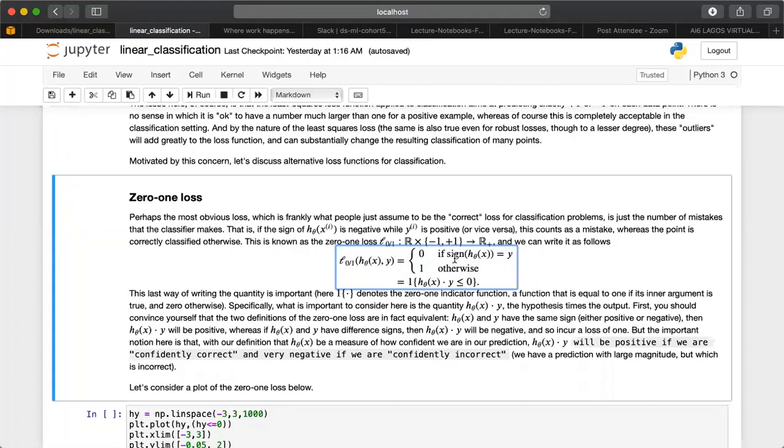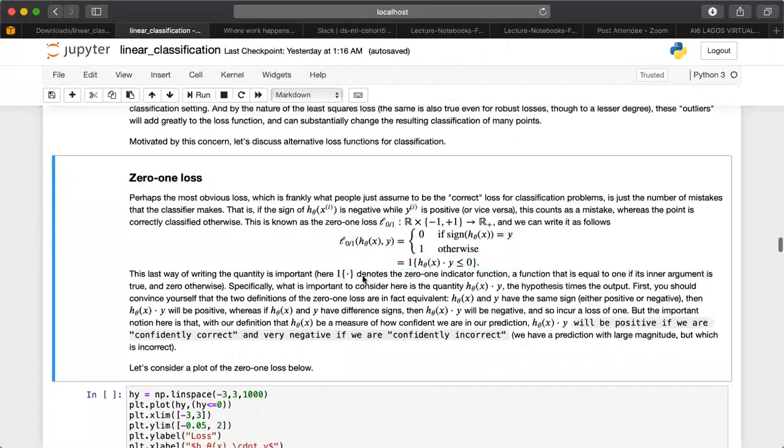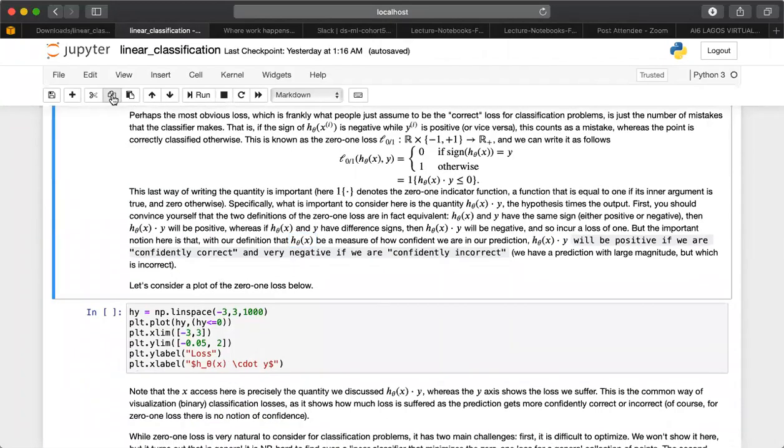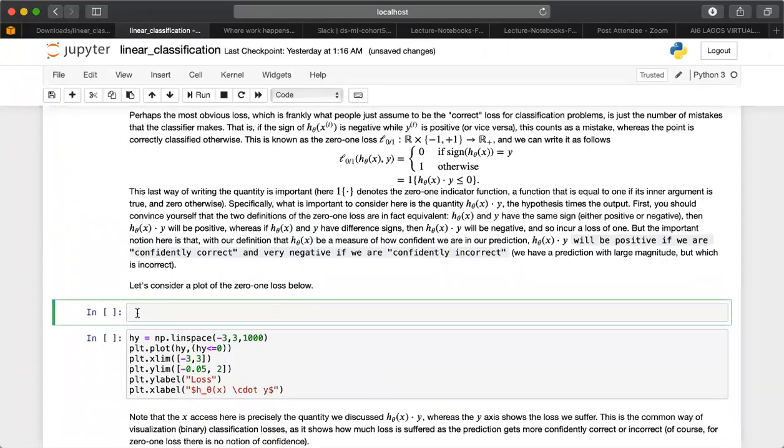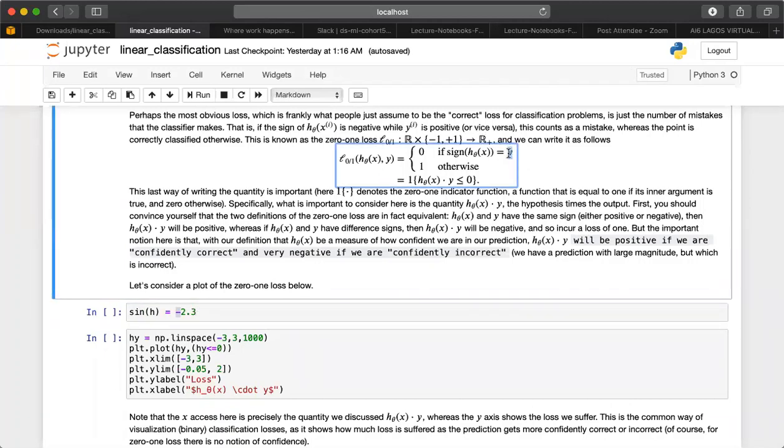Now, this is not sign as in, it's not sign of H, not this sign. It's just saying the sign value. So let's say your h is equal to minus 2.3. It's saying if the sign of minus 2.3 is equal to the sign of y, it means that your loss is 0, right?